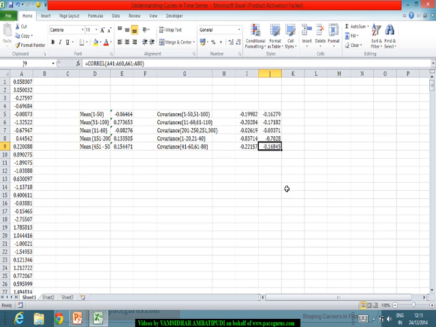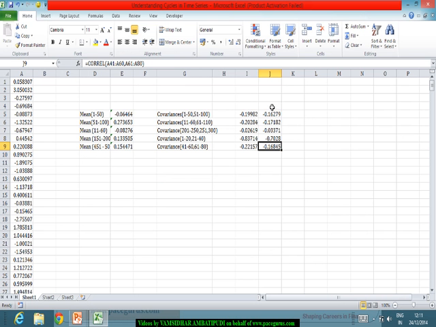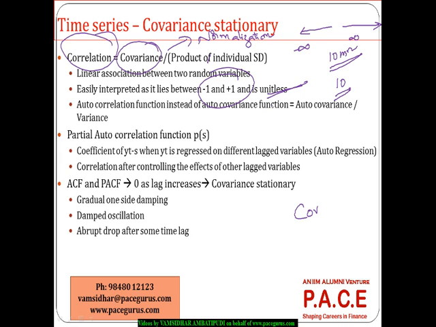Correlation is working out to minus 0.16. Now, correlation is a much better measure compared to covariance because it lies between minus 1 to plus 1 and it is unitless. And it talks about the strength of association that is underlying between the two variables.